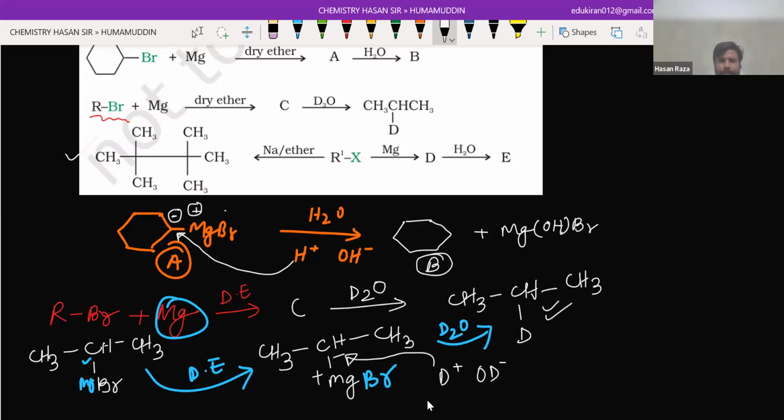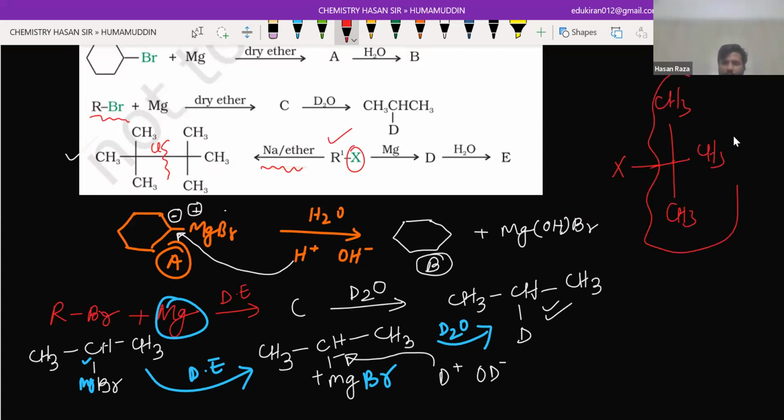Yes. Okay. Now see, if you're going to react this with sodium ether, that means it will be doubled. You just need to break this bond and take chlorine. So that means this R1 will be like this. X is there, and then CH3, then CH3, then CH3. It doubles now, that's why this part is your R1, R1.